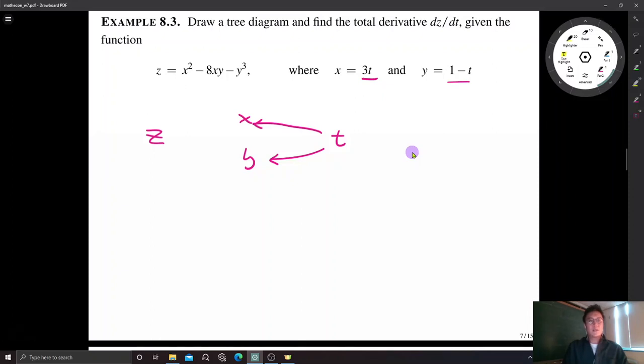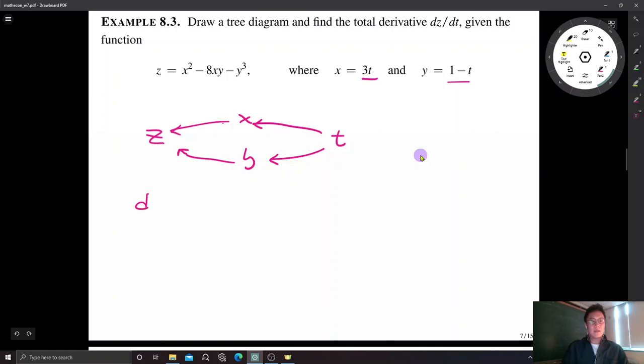And x will influence z, y also influences z. So we have this tree diagram, right? And so this t, the underlying variable, has no direct impact on variable z. Okay, so in this situation, how do you find dz over dt?